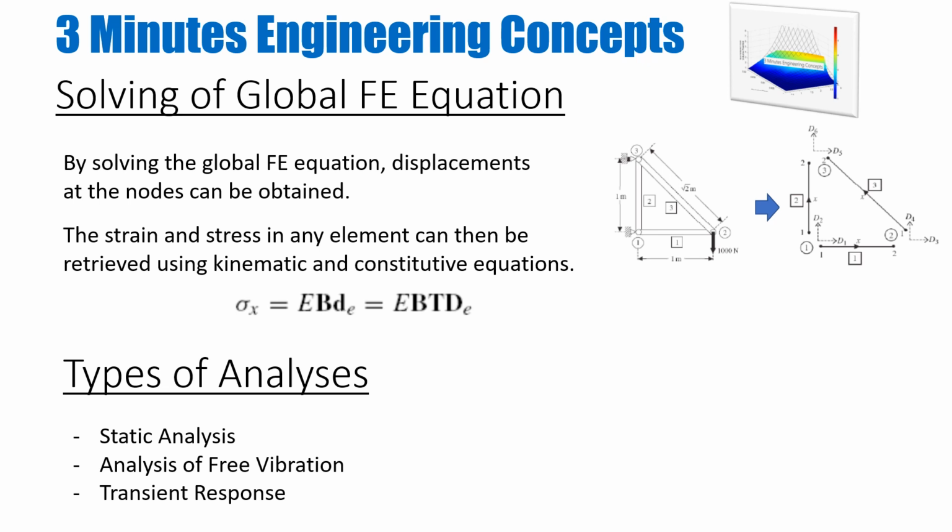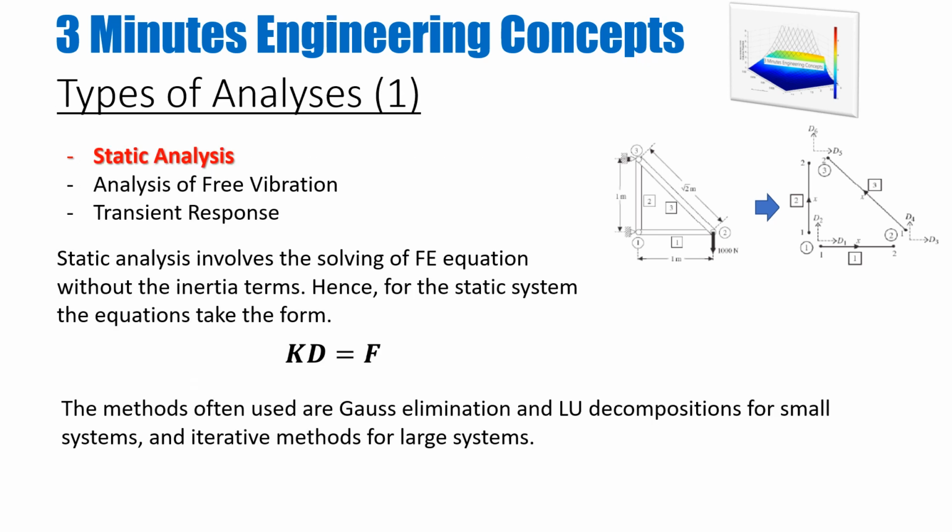This means our structure is under dynamic loading, and we need to find the natural frequencies under those loading conditions to avoid any failure due to high amplitude of vibrations. Or we are looking at a transient response where a structure is under transient cyclic loading or some other type of loading which is varying with time. All these different analysis types will require different types of solution techniques.